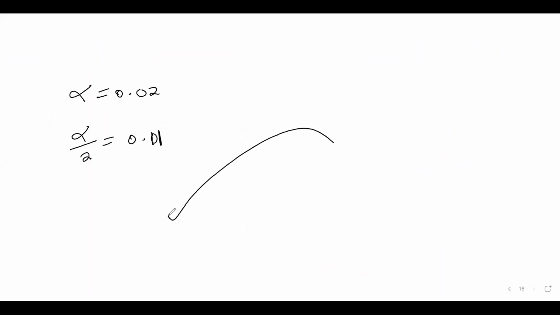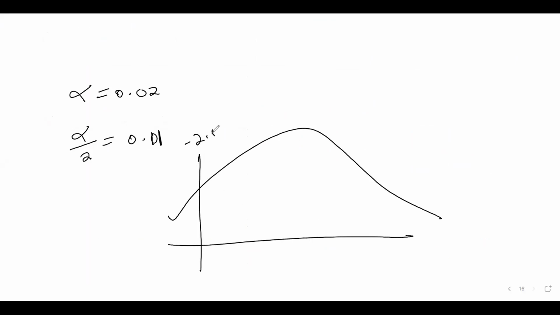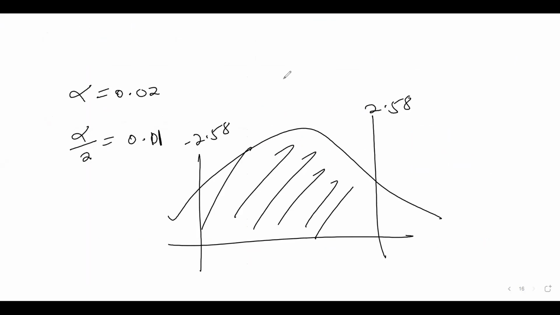So when you draw, because it's two-tailed, you will have negative 2.58 here, 2.58 here, all right? And here is the acceptance region, and then here is the rejection region. Here is the rejection region, okay? Here is the rejection region.